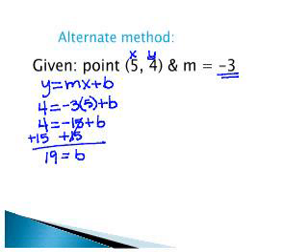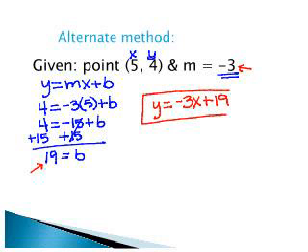So if we plug it back into that y equals mx plus b form, we have y is equal to the m, which is negative 3, x plus the b, which was 19. So you can see that no matter which method I use, whether slope-intercept or point-slope form of the line, I come up with the same equation for a line that goes through the point 5, 4 with a slope of negative 3.